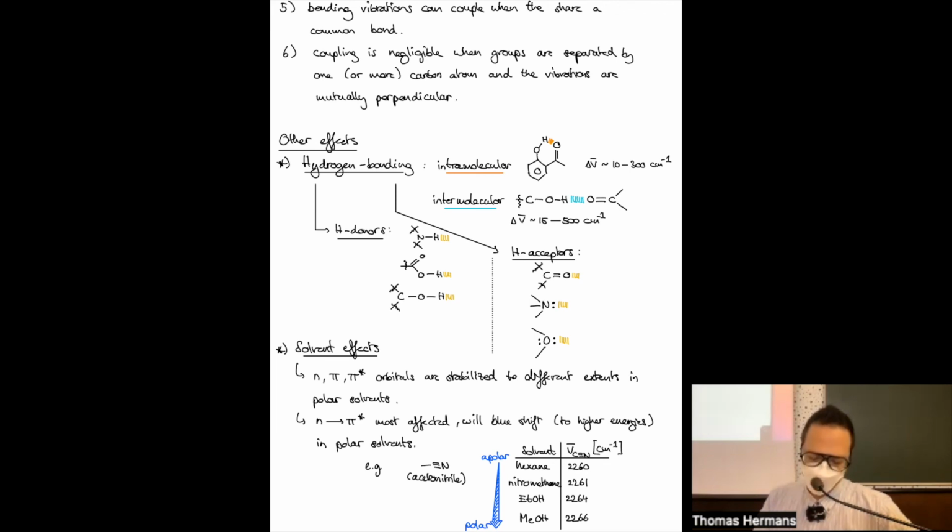And also, like in basically all spectroscopy, you have solvent effects. Right? So the n, pi, and pi star orbitals are stabilized to different extents in polar solvents.